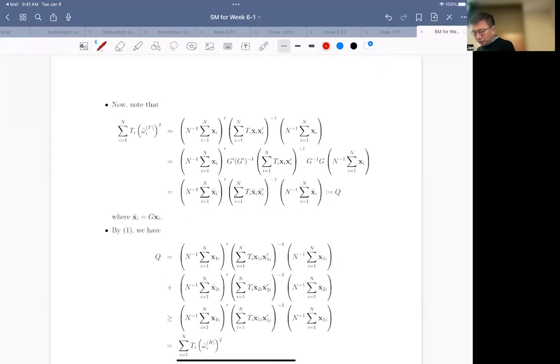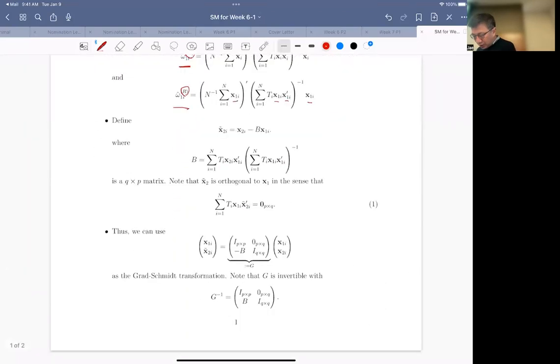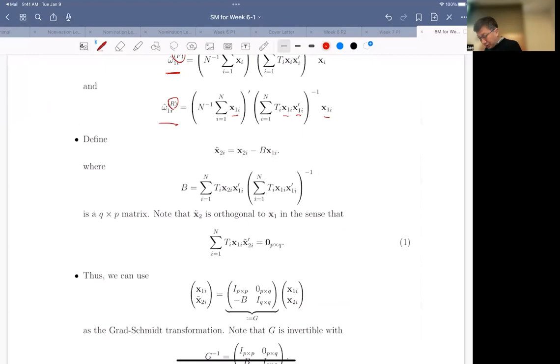The idea is to use the Gram-Schmidt transformation. Gram-Schmidt is basically to make it orthogonalized. So you're doing a regression of X2 on X1, okay, and computing the residual, right?